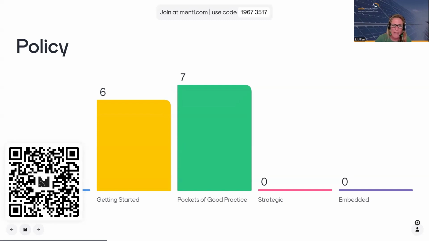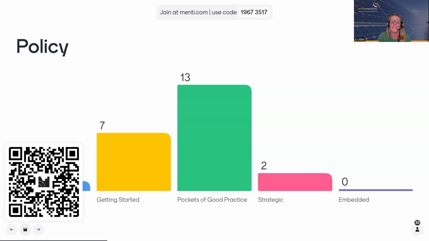Okay, so embedded. It's what it says on the tin, I suppose. If you're at the embedded level, your policy not only sets out the direction of travel, but it has the all-important implementation strategy, or that RACI: responsible, accountable, consulted and informed. Your policy at this level references any standards you use, any guidelines. It talks about key stakeholders.